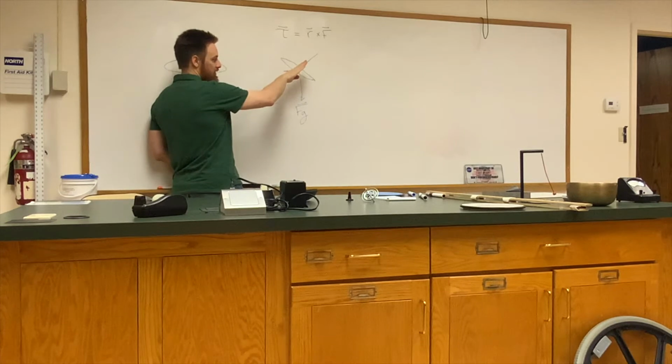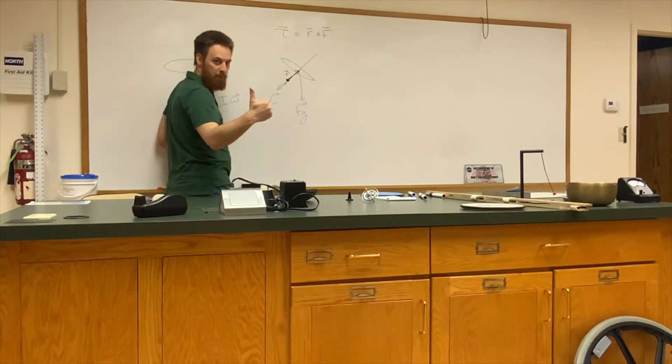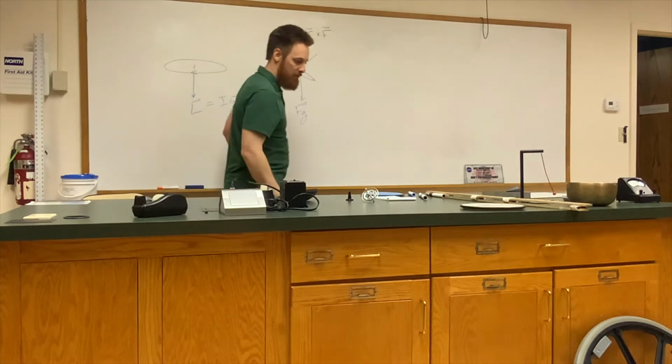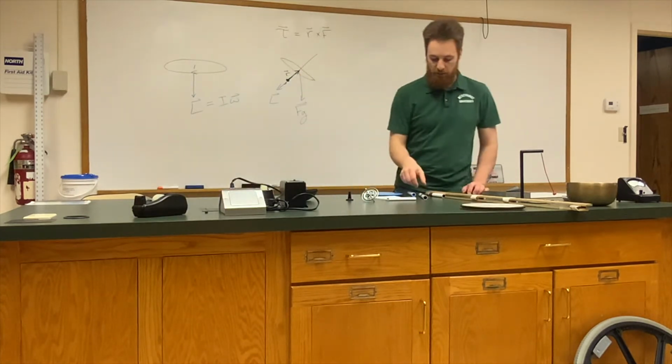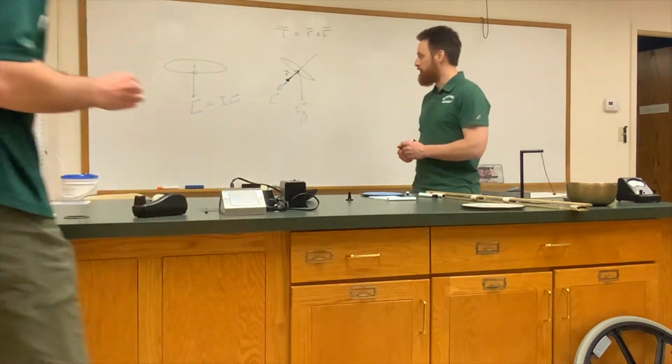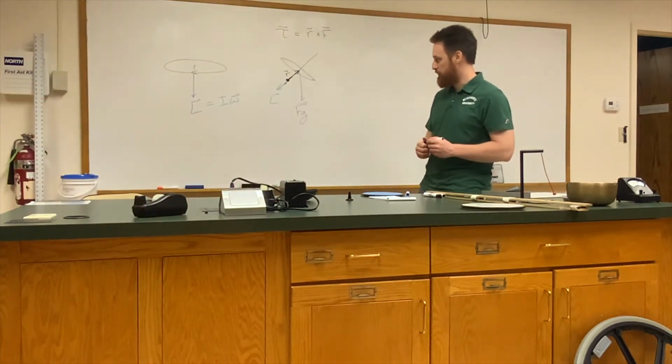You point your fingers in the direction of that R vector, that displacement vector we talked about, and then you allow your fingers, not your thumb, but your other digits, to bend in the direction of the force that's being applied. Finally, your thumb takes the role of the torque and indicates that it's into the page, or into the board in this case. So now we've got all kinds of vectors flying around on the board.